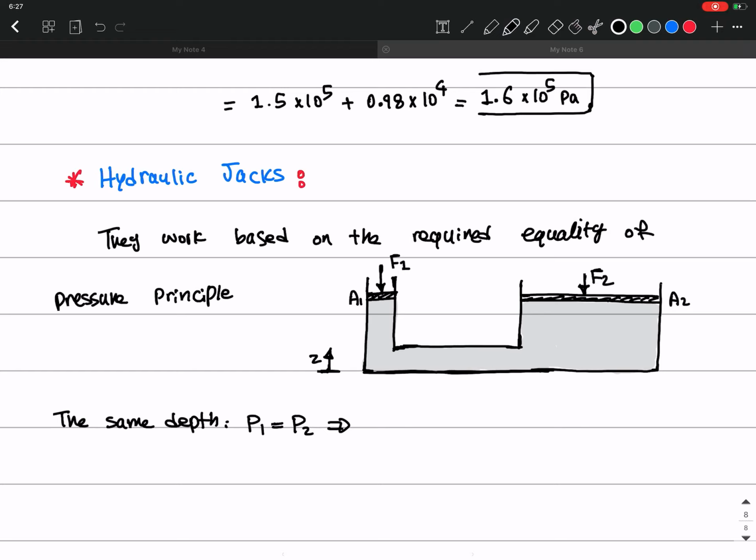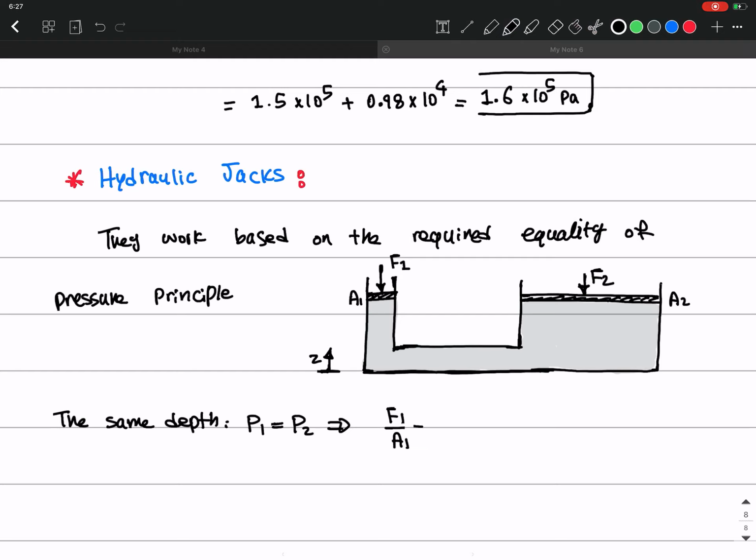Because of the same depths, the pressures should be equal, and thus the pressure at 1 is F1, the force that acts on cross-section 1, over A1.